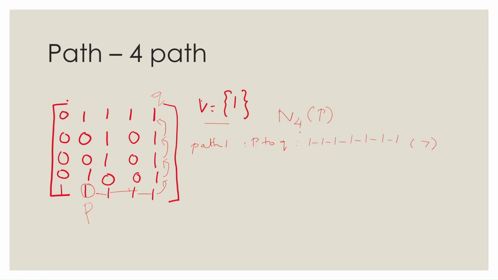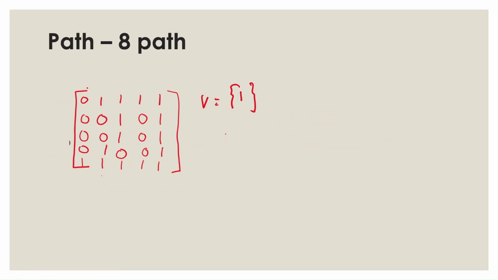Now let us consider the same example with 8 paths. We take the same pixel P. Now we have the options either to go horizontally and vertically.